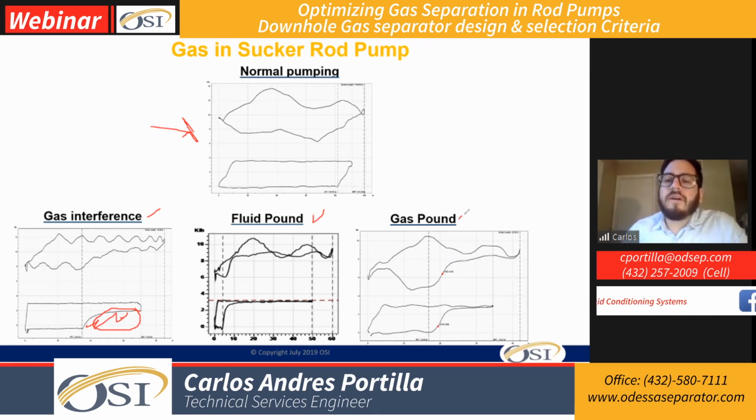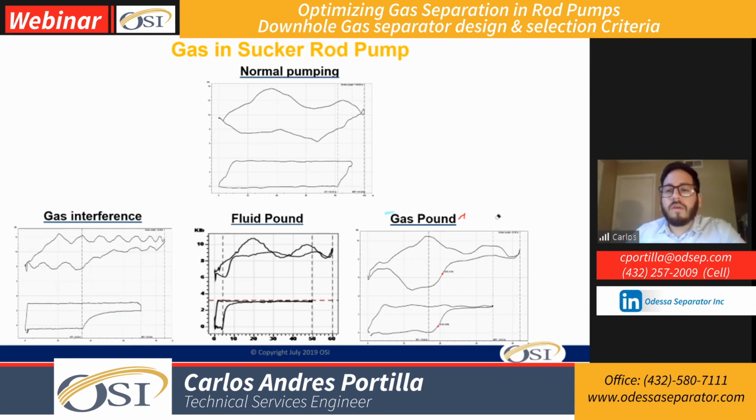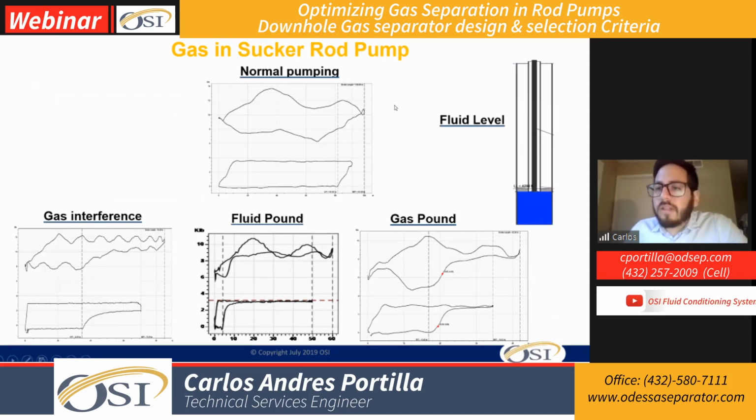We can identify and differentiate these two based on the liquid level. On the liquid level, we can identify when the liquid level is stabilized.